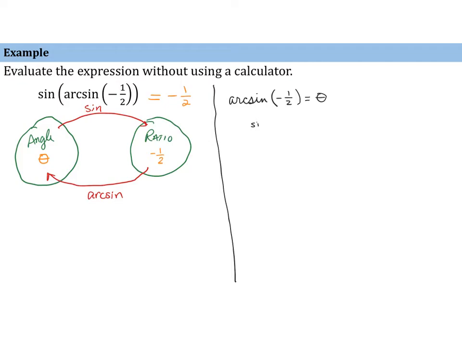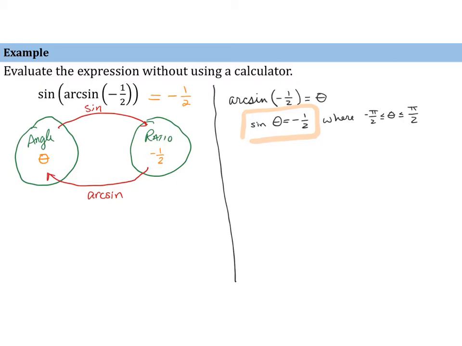That means that sine of theta equals negative 1/2, where theta is between negative pi over 2 and pi over 2. Now, you can pause right there for a moment and just see where what we just did in the first method is clearly the answer. But if we want to go through and actually determine the theta, we can.